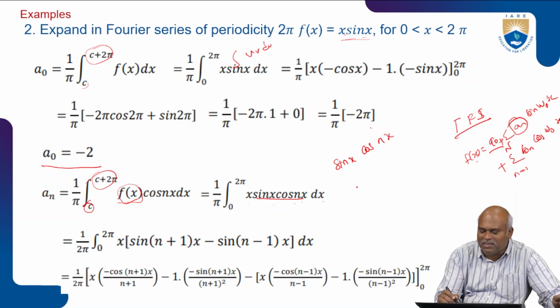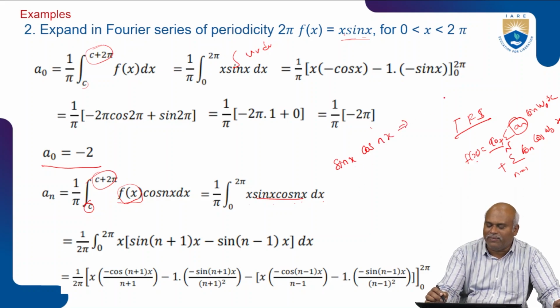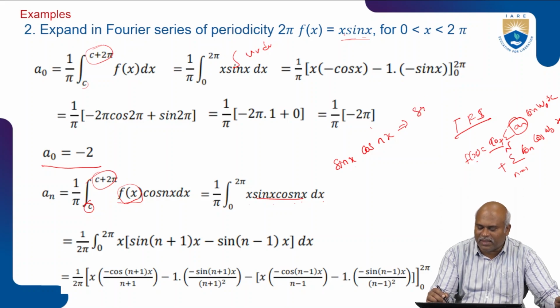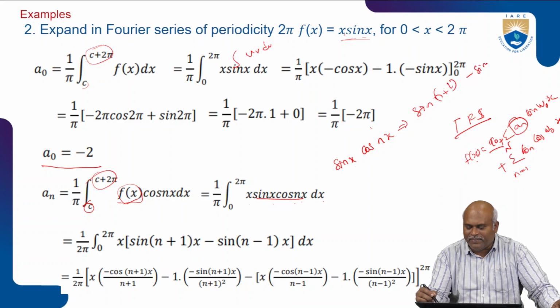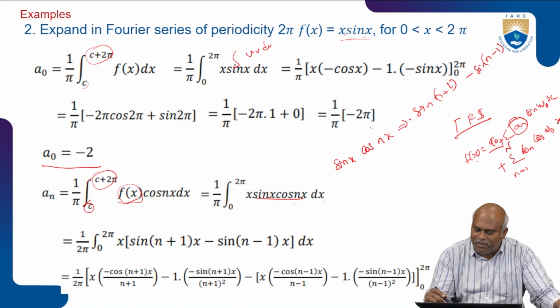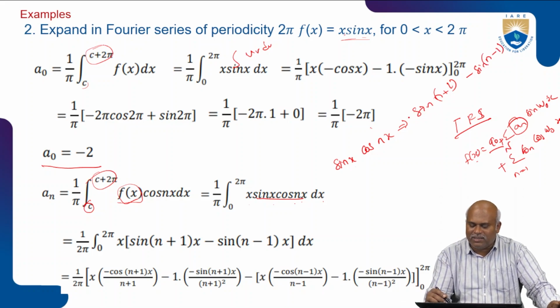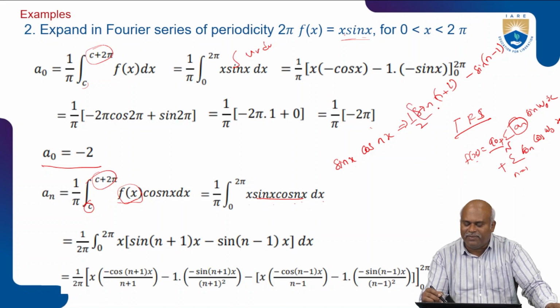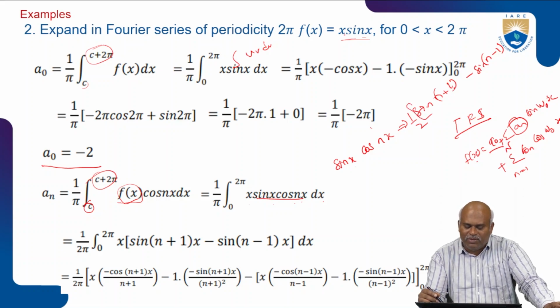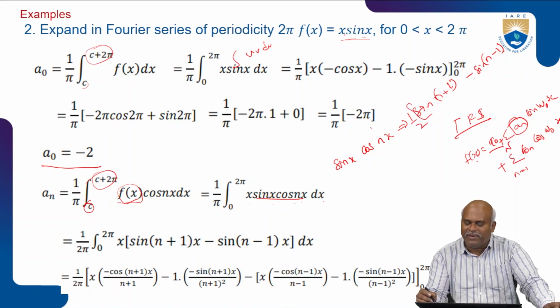So this term is represented as x sin x cos nx. Here I should write the value of sin x cos nx as 1 by 2 of sin of n plus 1 minus sin of n minus 1.